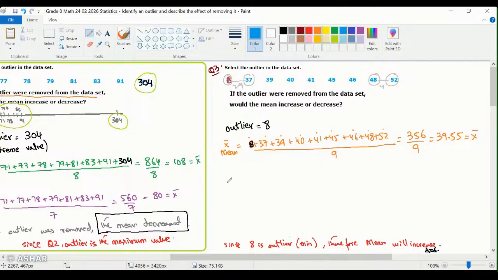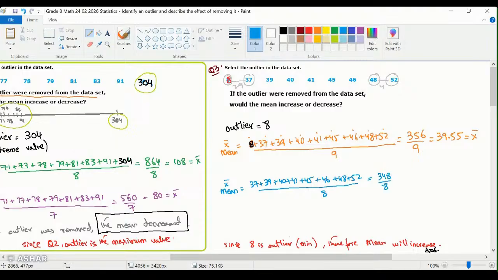Let's say we need to find the mean without the outlier. What we are saying is the mean should increase. 40, 41, 45, 46, 48, 52 divided by 8. That means 356 minus 8 should be 348 divided by 8.